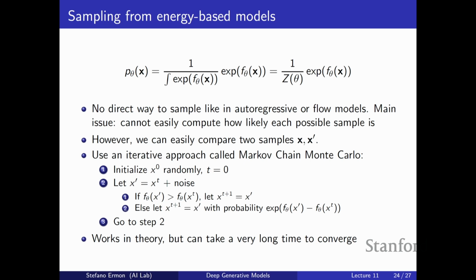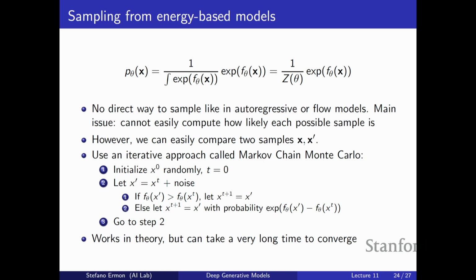Aren't the choices that you make in step 1 and 2 in that loop, in that condition, the same? Like in both cases, you take the x prime, right? But in the second case, you only take it with some probability. Okay.